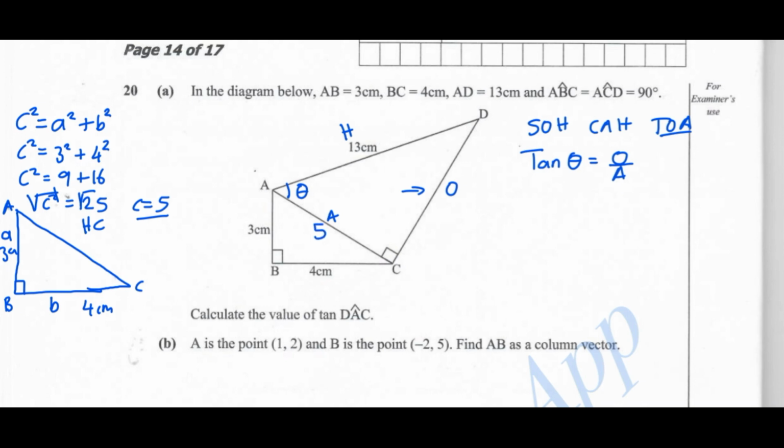Now, after we have this 5, let's get this triangle ACD. This triangle ACD is like this. So if you look at this, we have this distance 13, we have 5, then we have this 90. So we are going to use Pythagoras again to find this distance here.